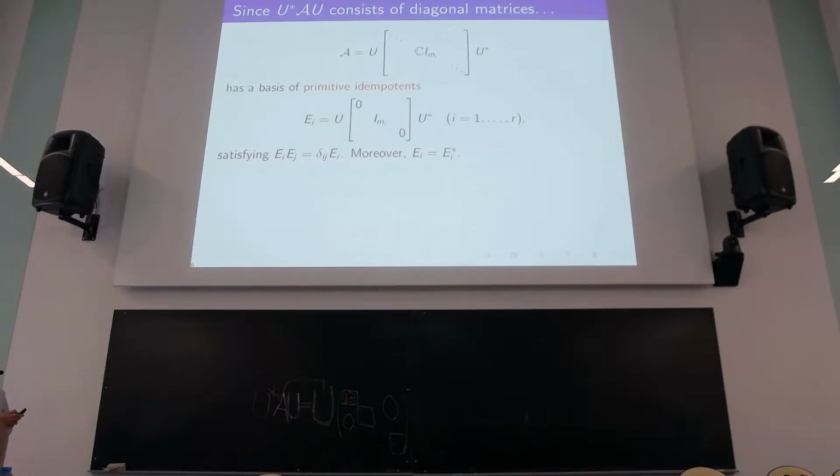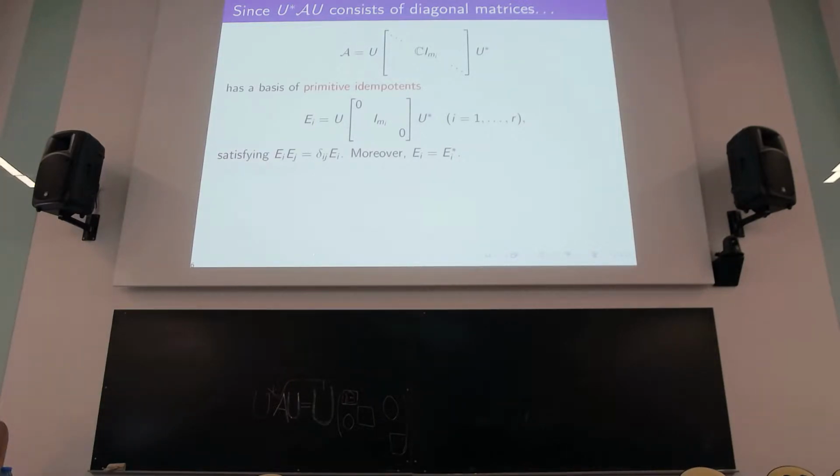It has the property that they are mutually orthogonal, in the sense that the product is 0 if you have different indices i, j, because then the positions of the diagonal ones are disjoint. And the square is itself because it's a 0, 1 matrix sandwiched by this unitary matrix.